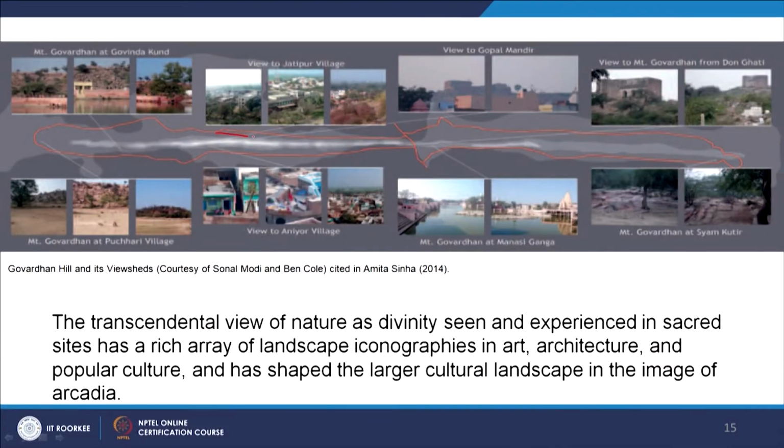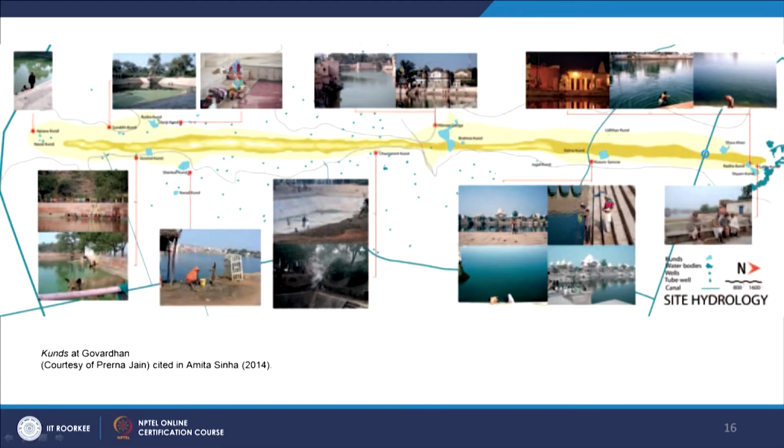The second part is the Yamuna river, where much of his story is narrated, including many ghats, many kunds, many temples and certain spots where he spent time.